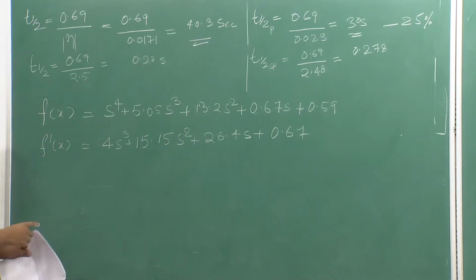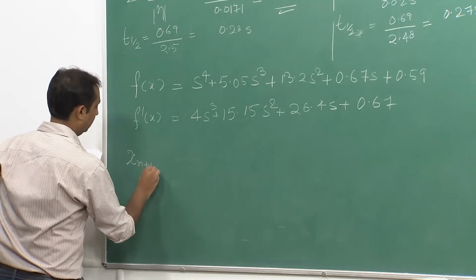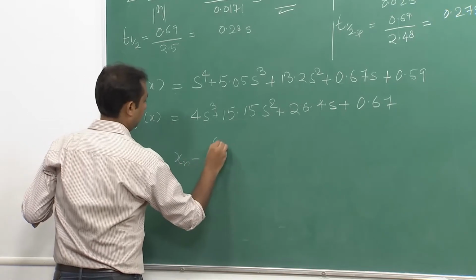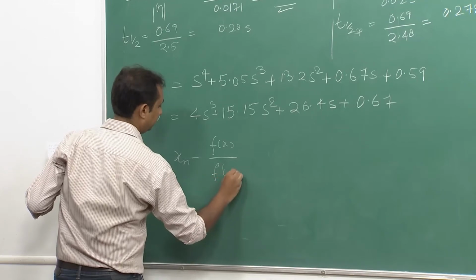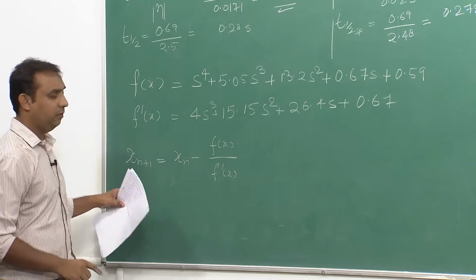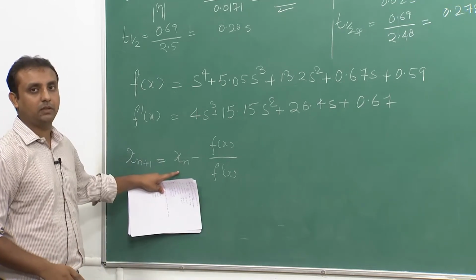Now, using the Newton-Raphson method, that is x(n+1) equals x(n) minus f(x) over f'(x). Now, there is one limitation to the Newton-Raphson rule. If you know the roots are in the complex plane, you have to give the initial value as a complex number.